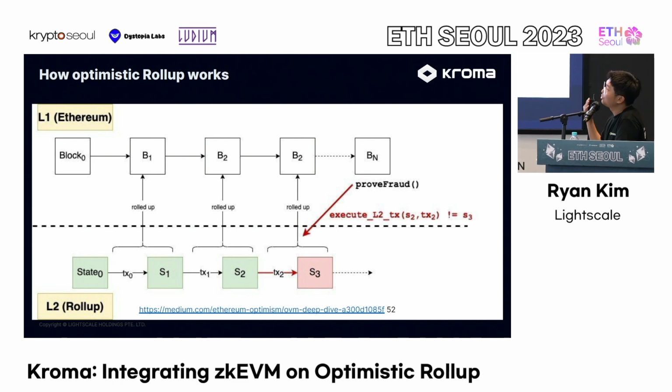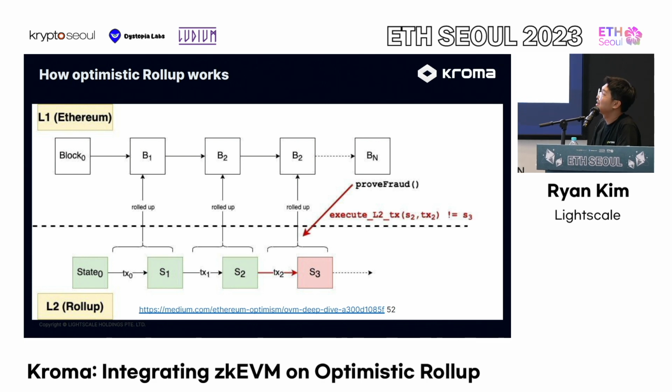To submit the challenge, you need to run the state transition function locally, right? To do that, you need to derive the state based on the transactions submitted to layer 1, so you download the transactions and run the state transition function.